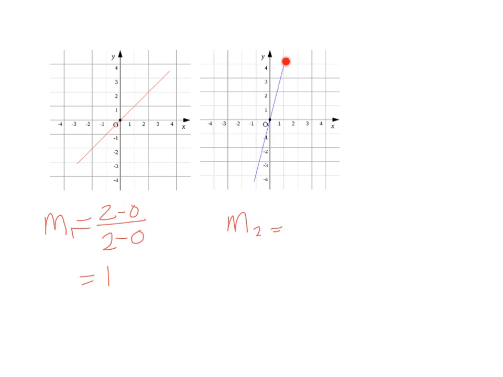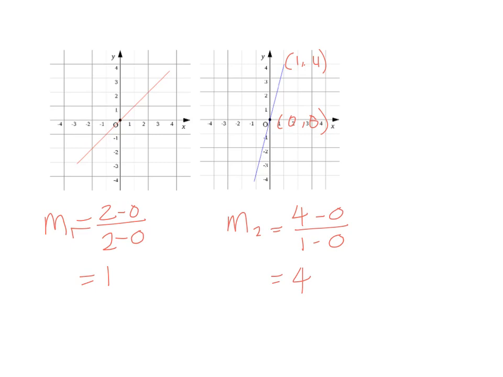So I'm going to pick this one, 1, 4, and then use this 0, 0. So the slope is, I'm taking the second y, which is 4, minus the first one, which is 0, over my second x, x2, minus x1. So the result is 4.